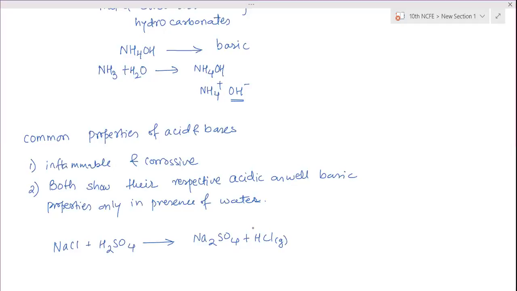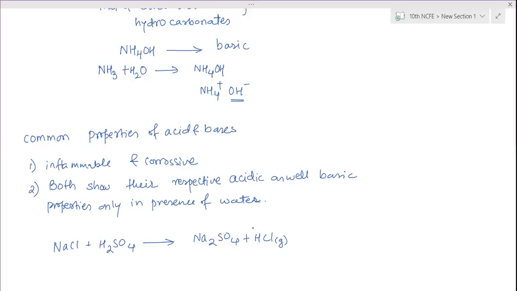Due to the presence of H plus ions, it shows acidic behavior and therefore changes the color of litmus paper from blue to red. Is the answer clear to you? Yes, ma'am.